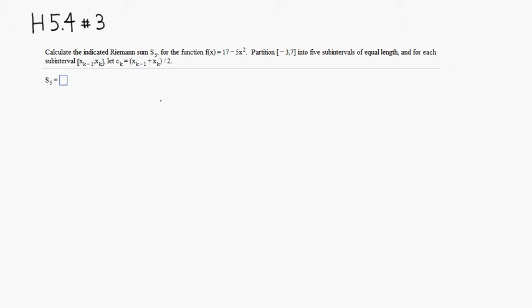Alright, so we have an interval from -3 to 7, so the length is 10, and we divide it into 5 equal subintervals. So 1, 2, 3, 4, 5.